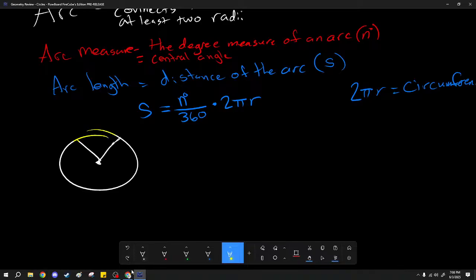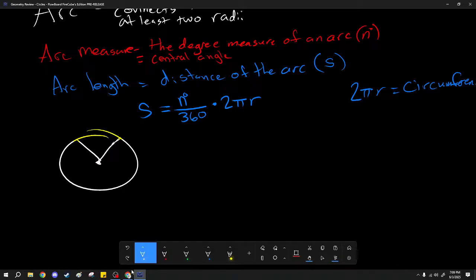I will highlight the arc. I should put it on a different spot where they're connected. You understand. Okay. The arc here is a small section of our circle. It's only a small little chunk. It's a percentage of the circle. This kind of looks like it's a quarter of the circle. It's a little less than that.